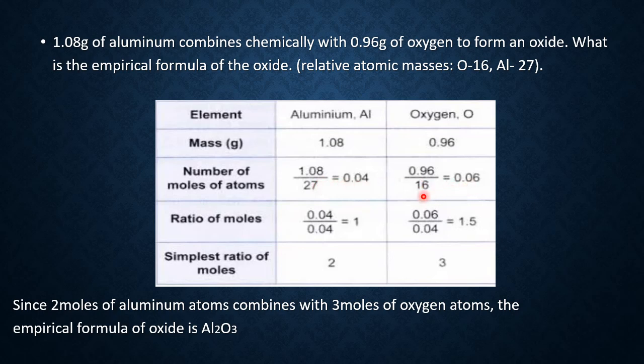Divide by it, so the ratio is 1 to 1.5. Again it is fractional, so to round off, 1 to 1.5, if I take 2 here, 2 times 1.5 is 3. So 1 to 1.5 is nothing but 2 to 3. Therefore, the empirical formula for this oxide of aluminum is Al2O3.